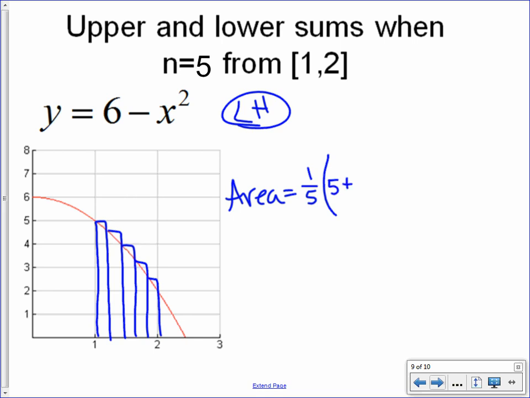Plus, our second rectangle is going to have height when x is 6/5. Plus, our next height when x is 7/5. 4.44, right? Plus, our next height, 3.44, plus our next height, 6.76. So you should have 5 heights, and they should all be when x is 1/5 apart, because that's our width.